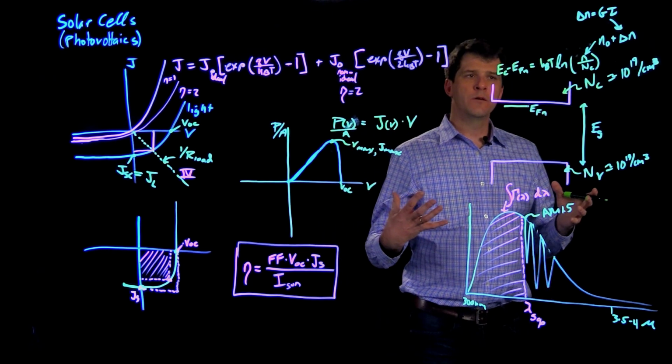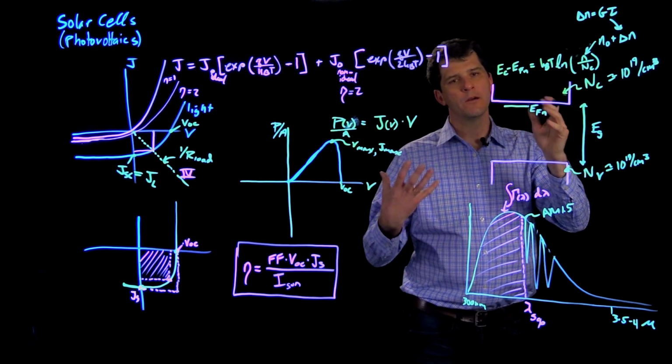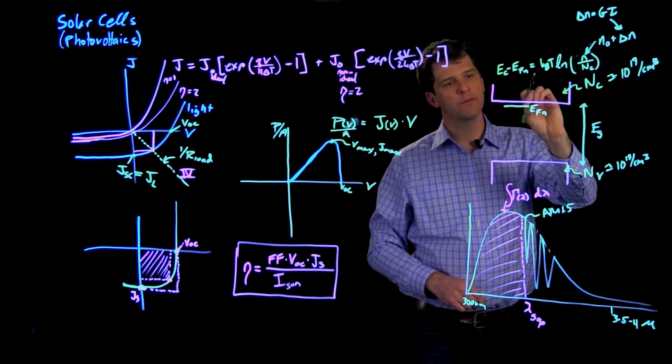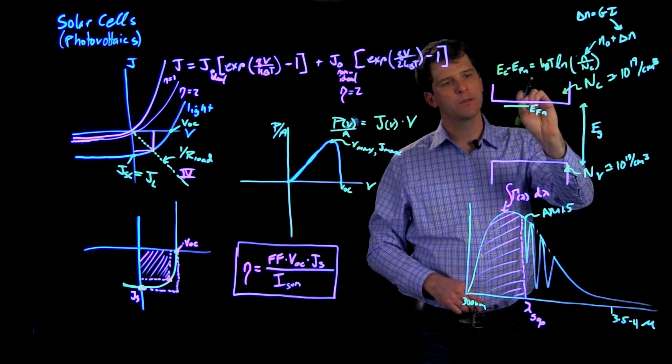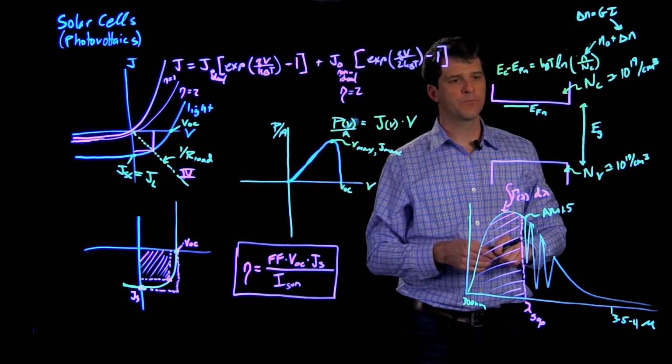Now, in general, though, you can see from this logarithm function that it's very hard to push the quasi-Fermi level actually up to and coincident with the band edge.